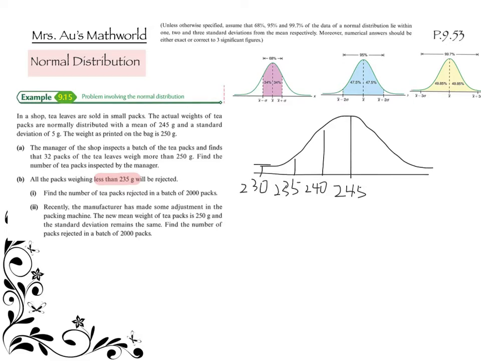So this time it says less than 235 grams will be rejected. That means we need this part. So again, I shade the two parts for you. In the middle 2 SD, it means 47.5% within this part.